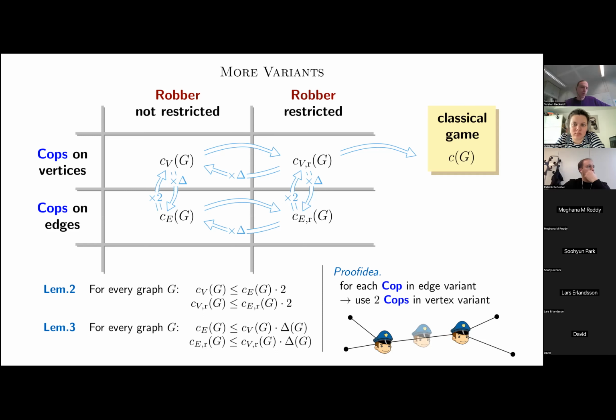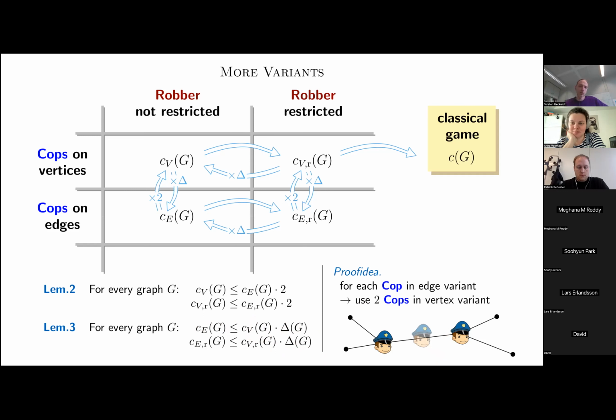Then you have to check that a move of a cop from an edge to an incident edge is possible for the two cops to mimic. And if the robber is surrounded by edges, then he's also surrounded by the endpoints of the edges. Okay, that's easy. On the other hand, if you have a good strategy for vertices and you seek a good strategy for edges, you have to again pay a factor of delta, roughly.